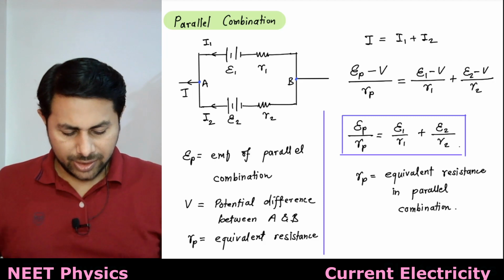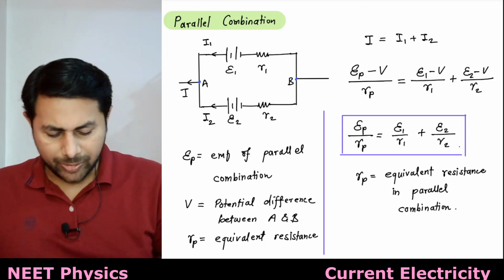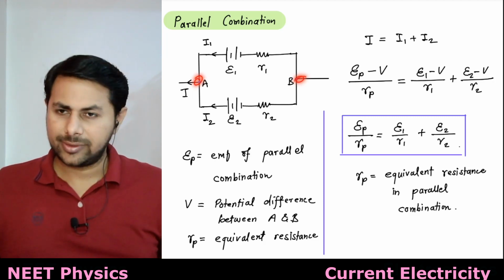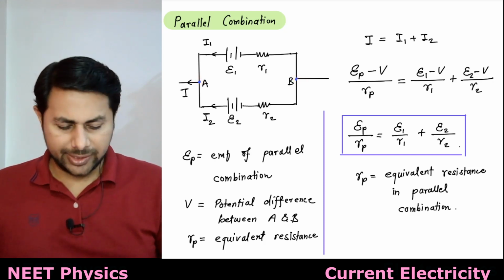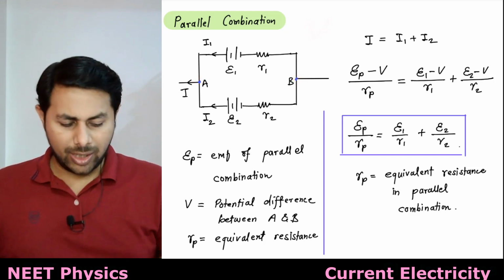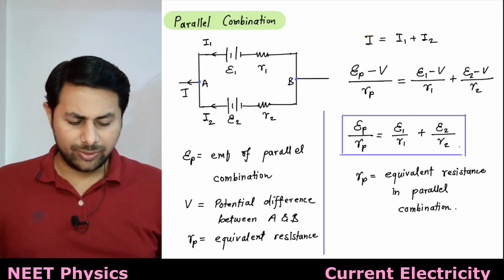Then we can write the potential difference between these two points. Suppose it's V. So how much would I be?